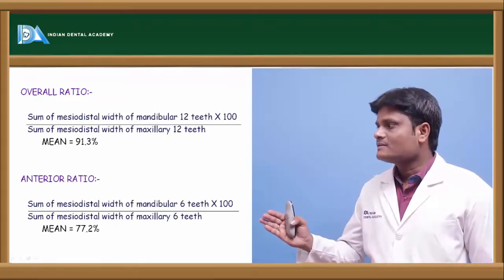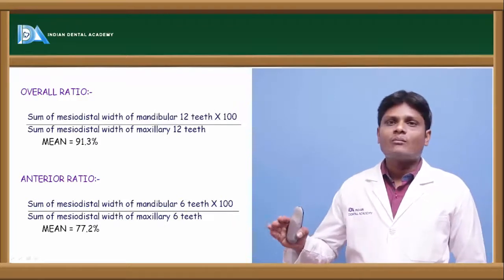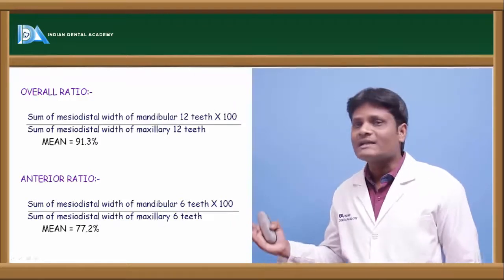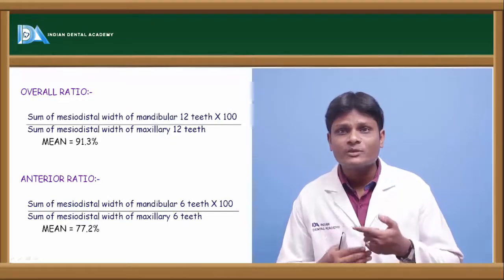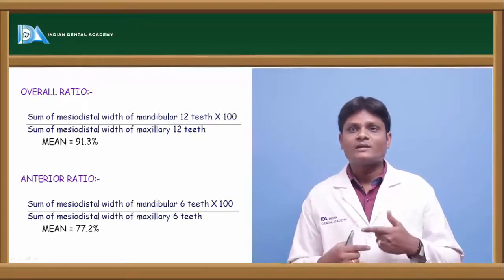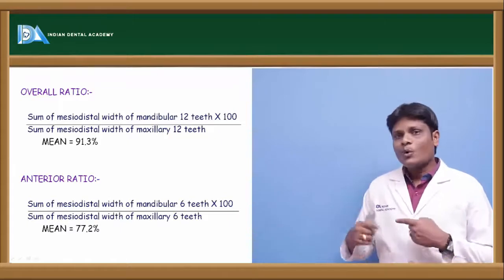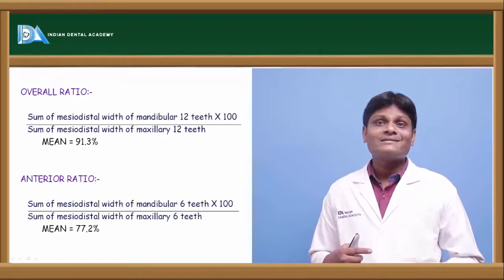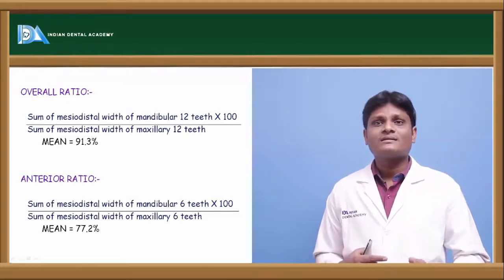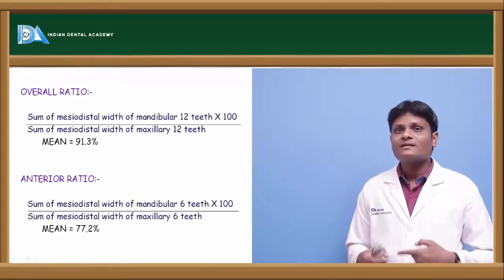Any increase in the overall ratio more than 91.3% indicates that there is mandibular tooth material excess or maxillary tooth material deficiency. Similarly, if there is more than 77.2% of anterior ratio, that indicates mandibular teeth are excess or maxillary anterior teeth are deficient.